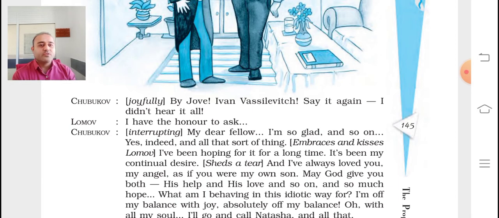Sheds a tear. That means Shubuko is very happy and tears start coming from his eyes because he was the father of Natalia. And I have always loved you, my angel, as if you were my own son. May God give you both His help and His love, and so on, and so much hope.